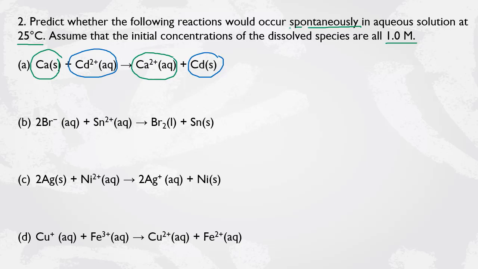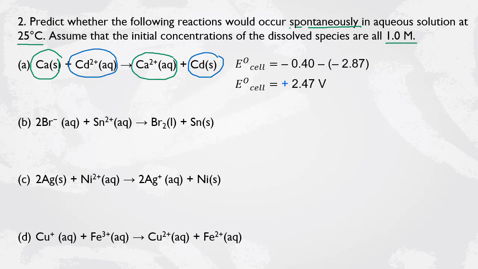We substitute the value where Cd2+ to Cd has the value of negative 0.40, and then we minus the E-note of calcium, negative 2.87. Lastly, your E-note cell will become positive 2.47 volt.